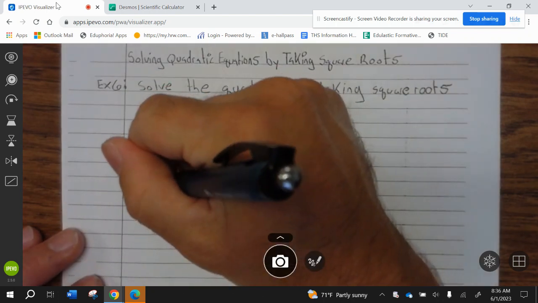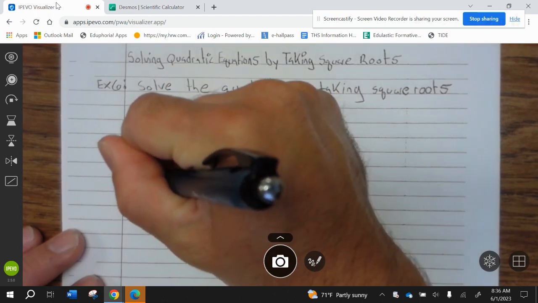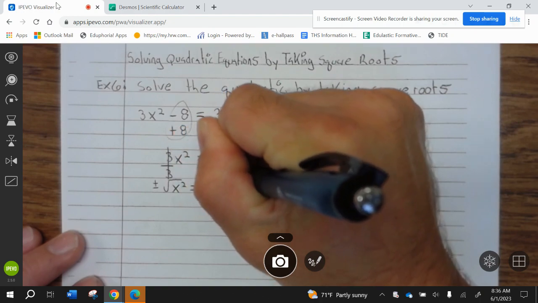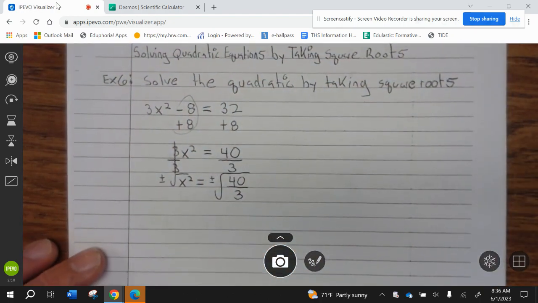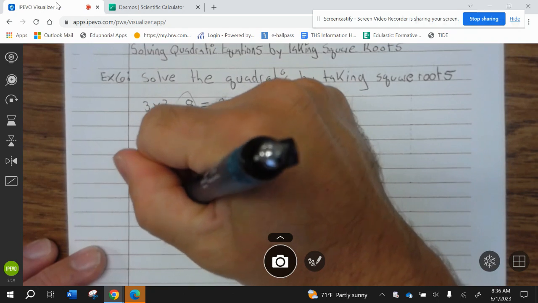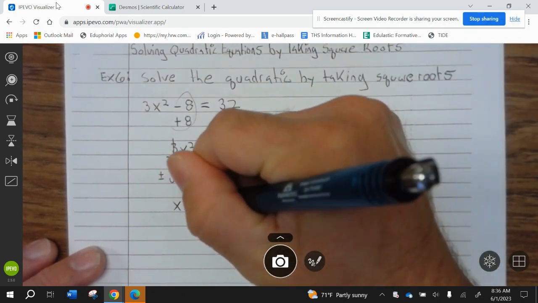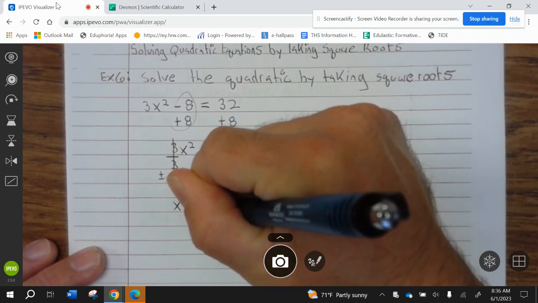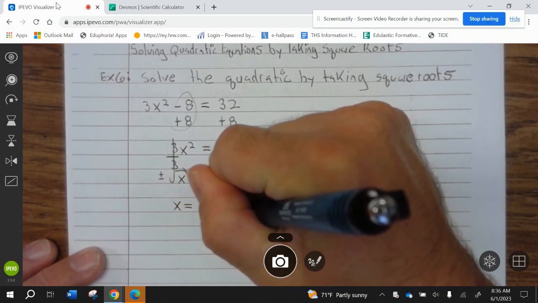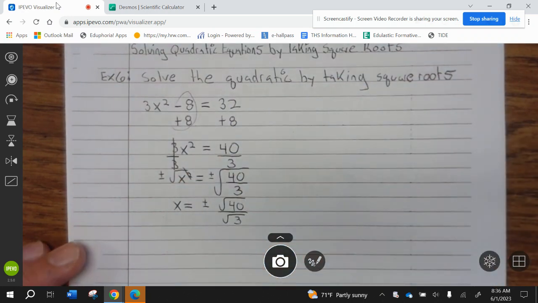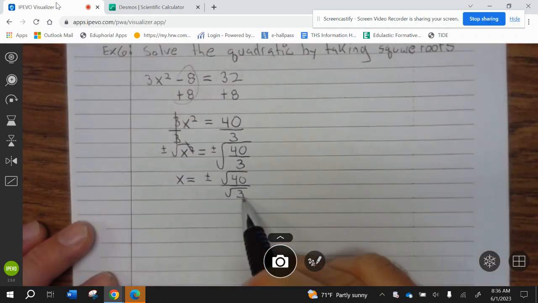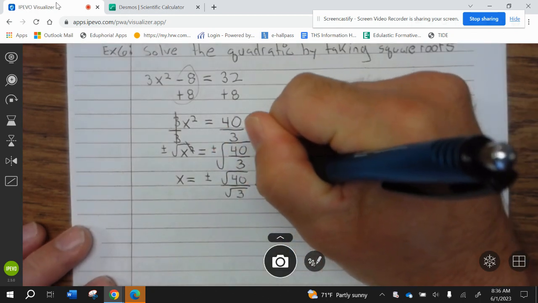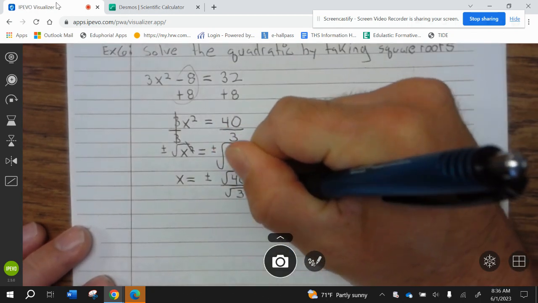Okay, take the square root of both sides. That's plus or minus. So that cancels. You get x equals plus or minus the square root of 40 divided by the square root of 3. Now, you can't have your final answer with the square root in the bottom. So what we're going to do is multiply this by the square root of 3 divided by the square root of 3.